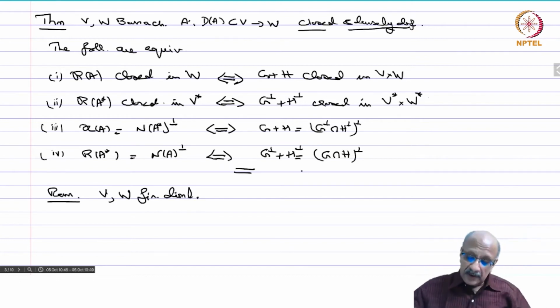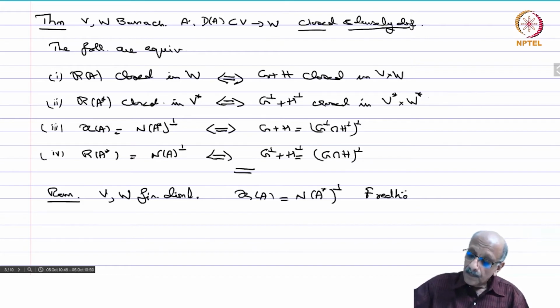Then all operators are continuous linear operators, all subspaces are closed, and so we have that the range of A equals null space of A star perp. This is called the usual Fredholm alternative.